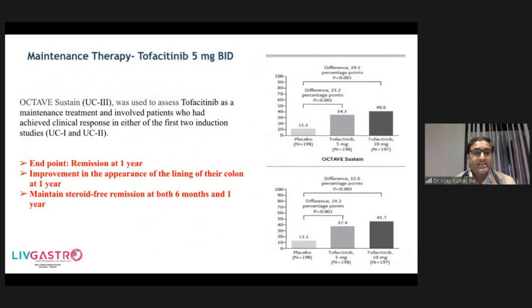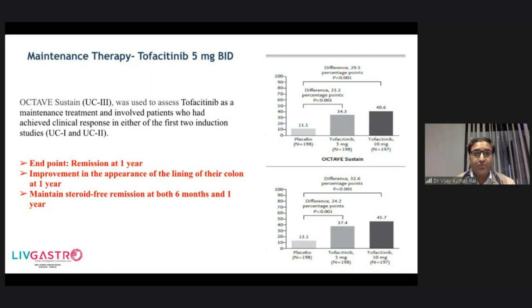For maintenance therapy, in the Octave Sustain trial, they found that 34.3% of patients on 5 milligram and 40.6% on 10 milligram maintained remission at 1 year. So it's quite encouraging data that one third of the patients are maintaining steroid-free remission.